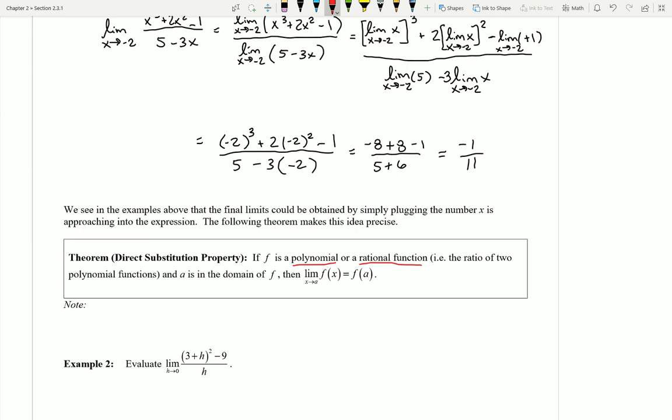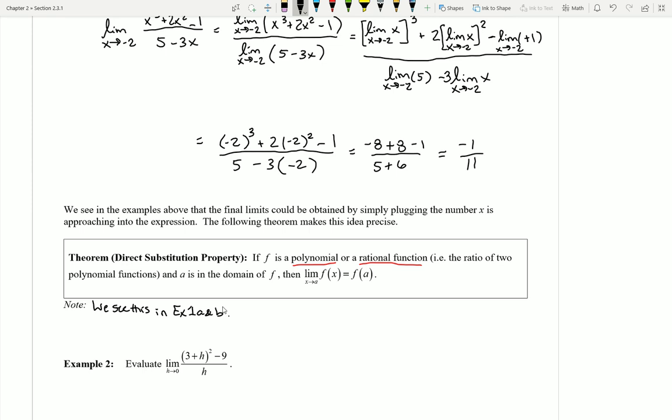So this is a really, really powerful idea. And again, we see this in examples 1a and b. We could actually go back and see how this worked there.